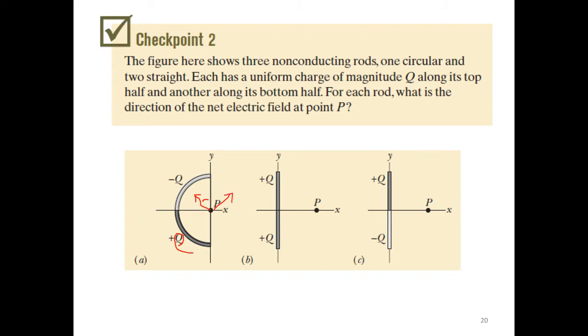So in this case, assuming this is minus Q, this is plus Q, these two E fields should have the same magnitude, and in this case, the horizontal component should be cancelled. And finally, the overall E field generated by this part should point to the positive y-axis. So plus y-axis.